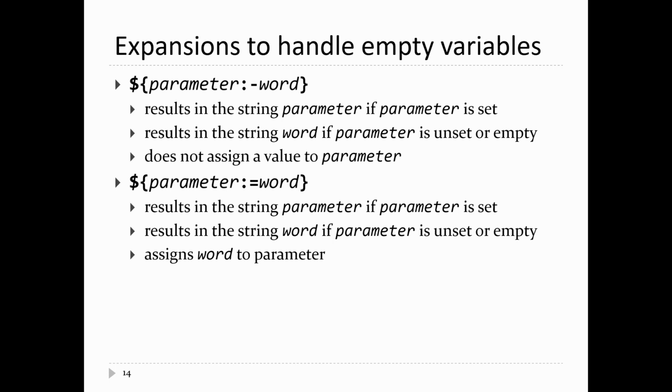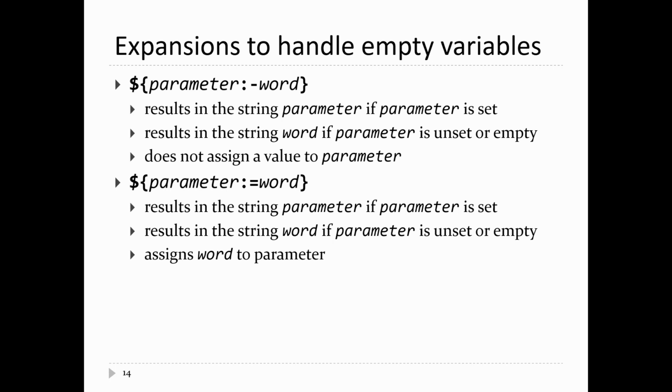Now, sometimes, so that one's fine. You can substitute in some other word if your variable is not set. A lot of the time, though, if a parameter is not set, you actually want to set the parameter to some default value. So that's what the second one does. If the parameter is already set, that expansion just produces the value of the parameter.